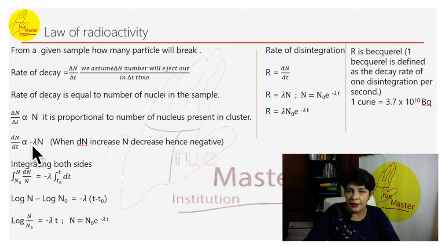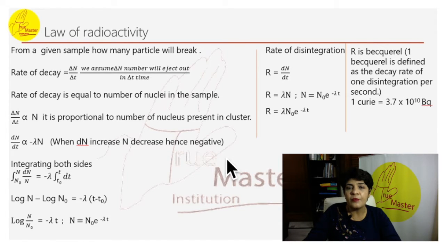Why is this sign negative? Because as time increases, N is continuously decreasing, hence negative.